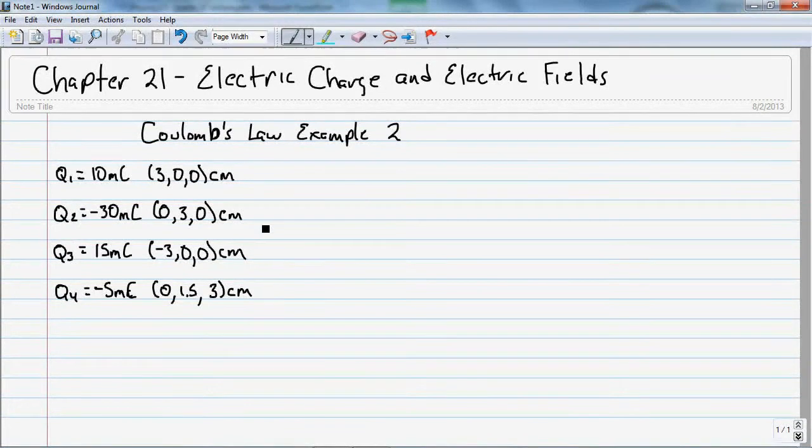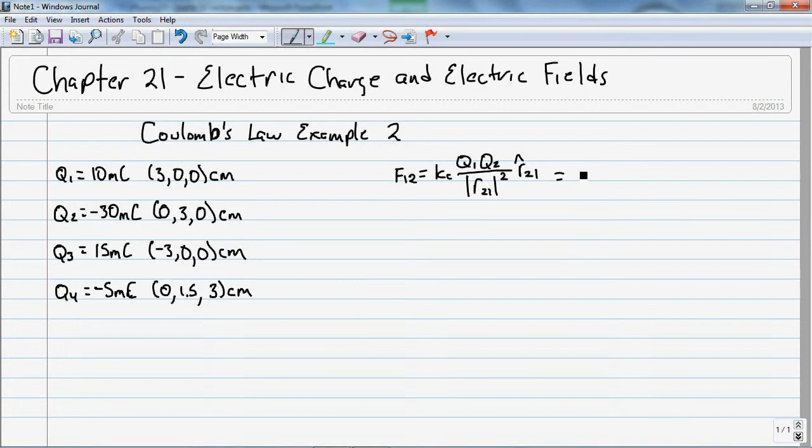Now we have all of the information, so we can start to calculate some of the values. Remember that our formula for the force is equal to K times the charges Q1 Q2, over the distance R21 squared, times R hat 21.